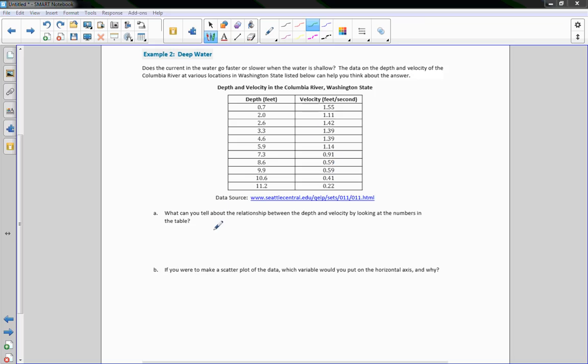So just by looking at that, the deeper the water, the less velocity it has. Okay, sorry about that writing there.